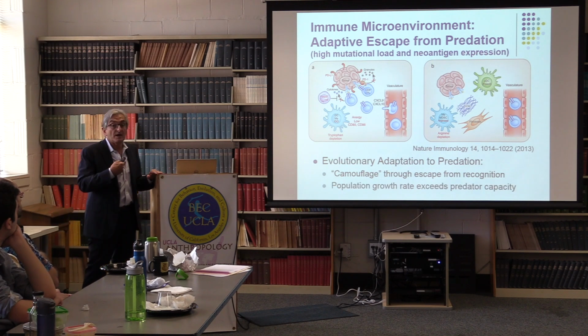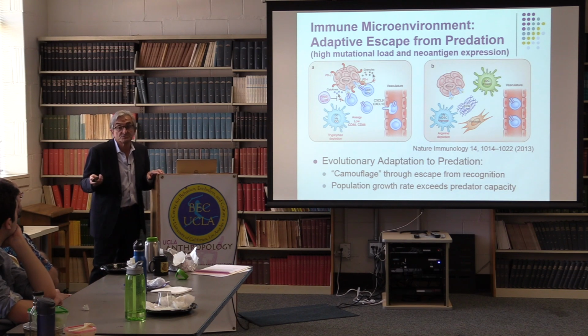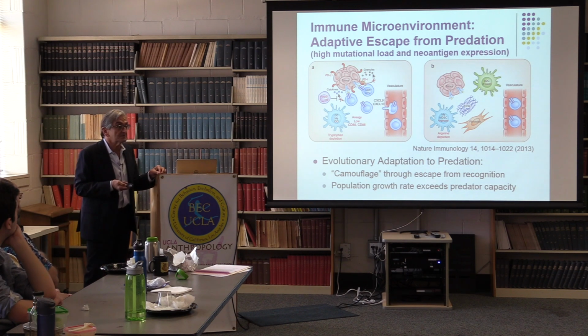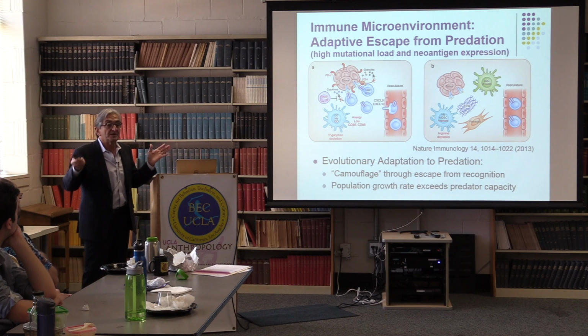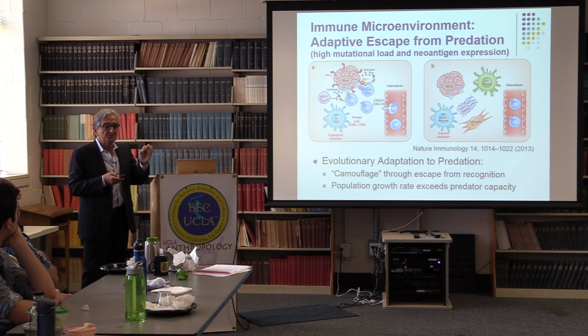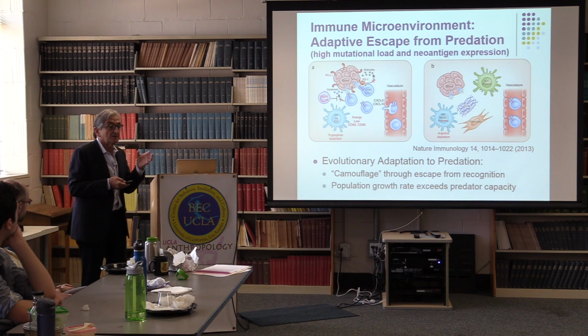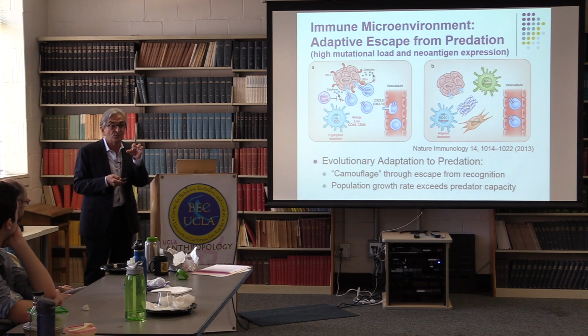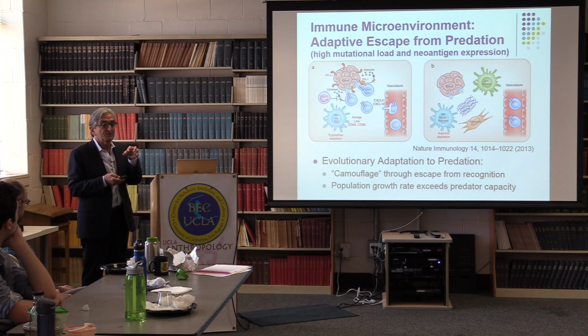Another would be simply to outgrow the predator, and that's another strategy that some organisms use. Just produce so many offspring that the predator can't get them all, and that's the source of survival. Another, which I haven't mentioned here, is that since you need some sort of identifying antigen somewhere in the cancer cell for the immune system to recognize it as foreign, if you lose that because it's not necessary, then you escape predation.